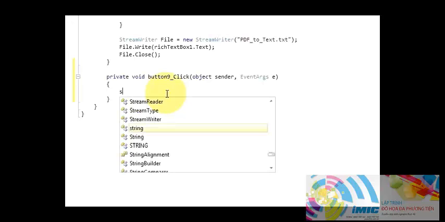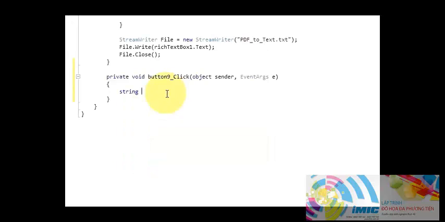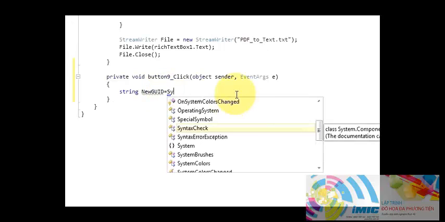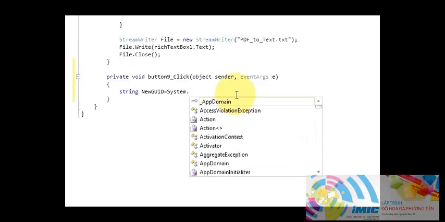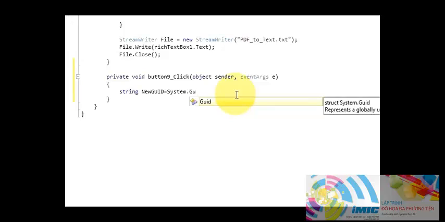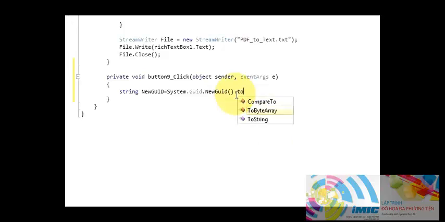So write string, I will name my string newGUID, is equal to System.Guid.NewGuid(), then in brackets .ToString().